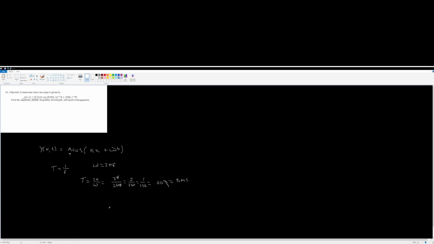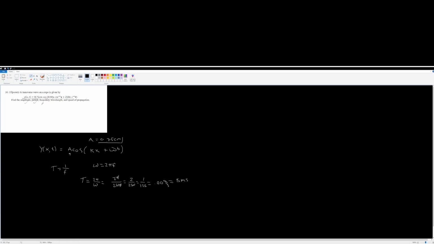This is in seconds here. Obviously, from before, amplitude is simply this part right here. This is just 0.75 centimeters. And you can answer the problem this way. It looks like he doesn't have a problem with that. So we have our amplitude and we have our period.